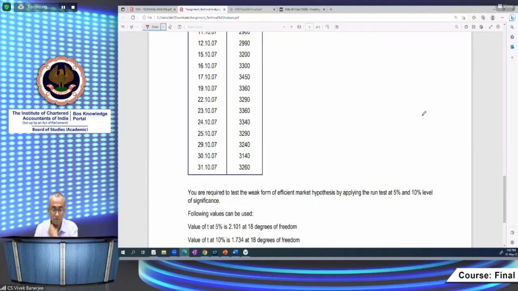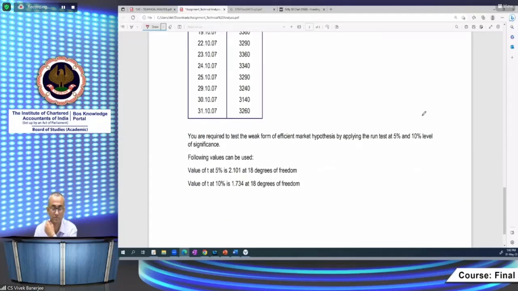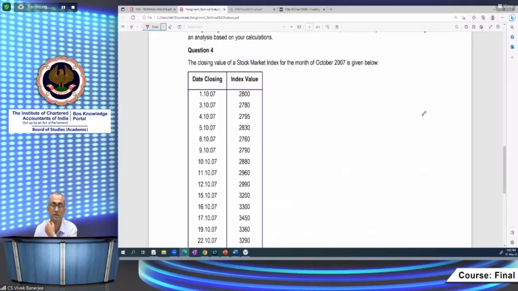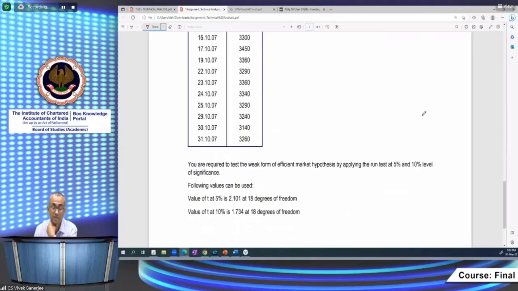The following values can be used: the value of T at 5% at 18 degrees of freedom, and the value of T at 10% at 18 degrees of freedom. So basically, you have to test the weak form of the efficient market hypothesis.